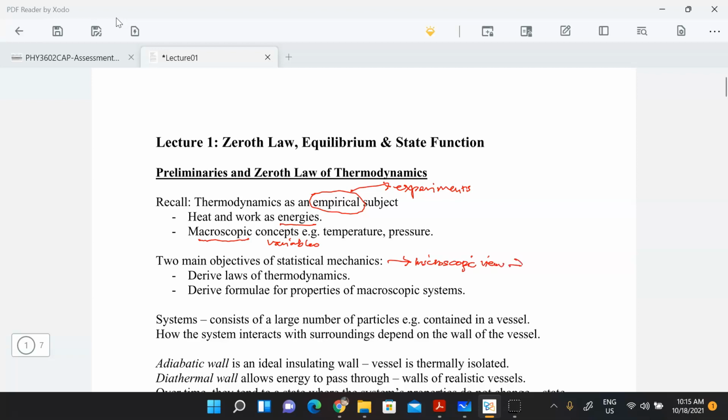According to Boltzmann, he uses this idea of the atomic hypothesis in some sense. In those days Boltzmann's ideas were not really accepted.